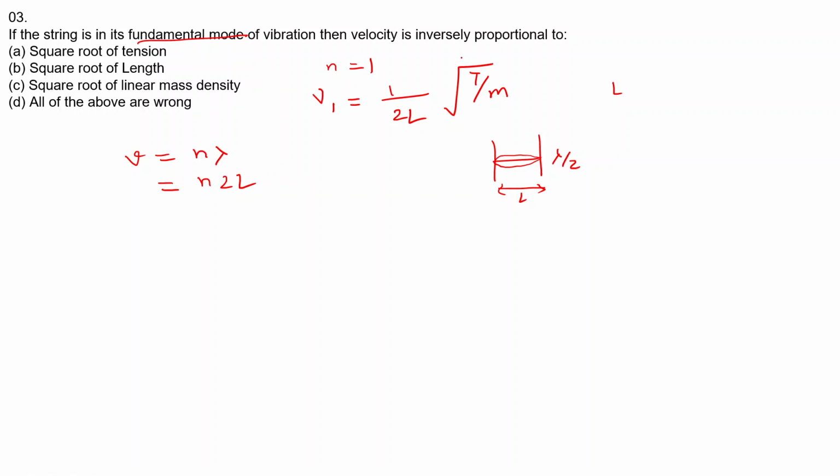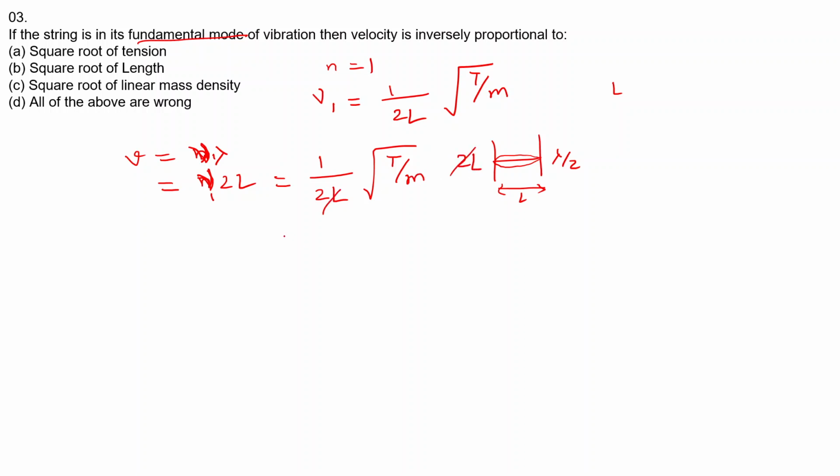Oh sorry, I'm calling frequency also n. Let's keep n as the mode, and frequency as nu. We can call the frequency 1 because it's fundamental. Since velocity is the product of frequency and wavelength, and the wavelength here is clearly 2 times L, when I substitute the frequency value, I get 1 over 2L under root T by m times 2L.